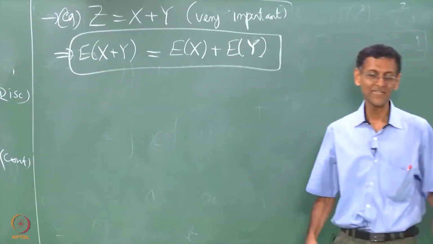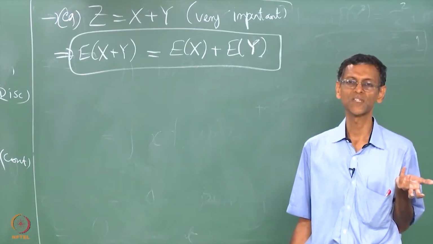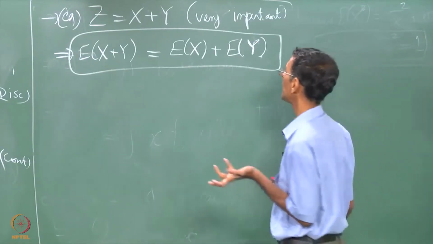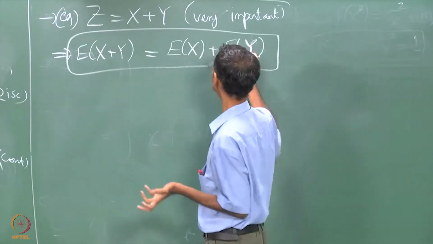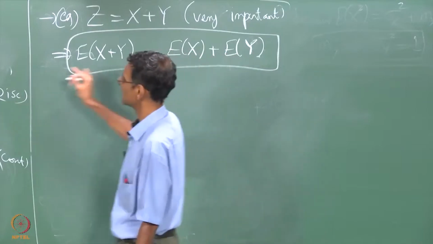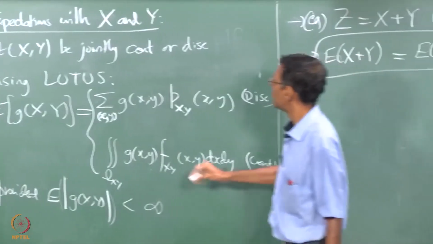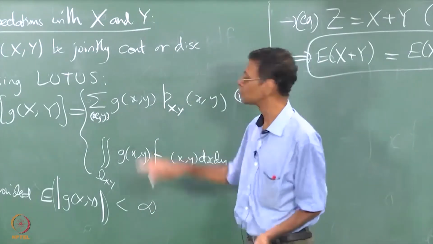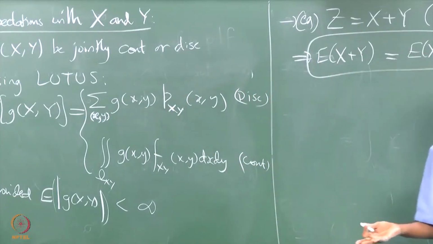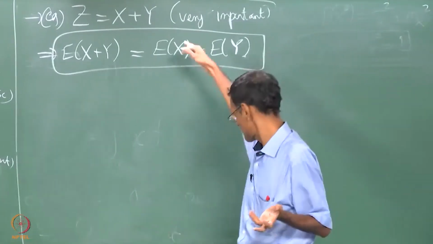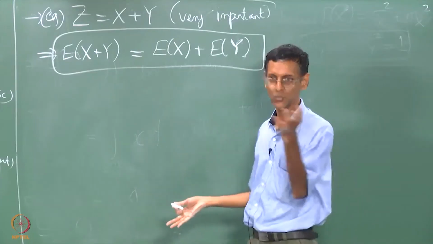So the linearity of E takes on yet another meaning now. It's not just g1 of x plus g2 of x that we did earlier. Instead, now we have x plus y, two totally different random variables, and still you get this. So all I am saying is you take either formula and substitute x plus y. It turns out by the distribution of multiplication over summation, it is x times this plus y times this, and then the summation, if you do it twice, once for the x and once for the y, you will get Ex in the first term and Ey in the second term. So please go and work out the details.